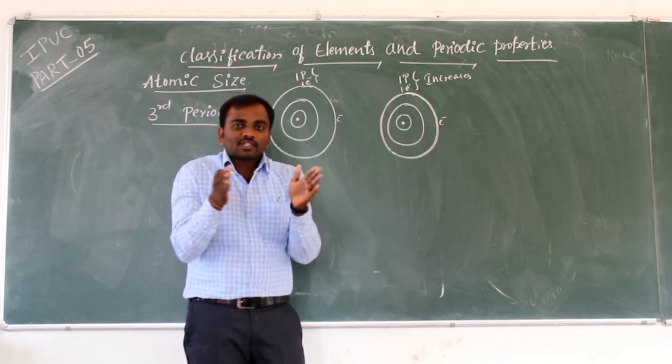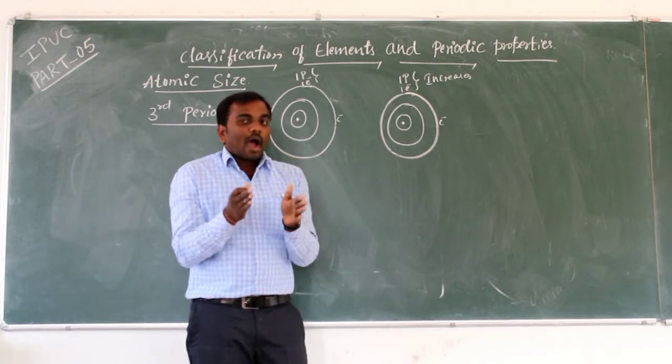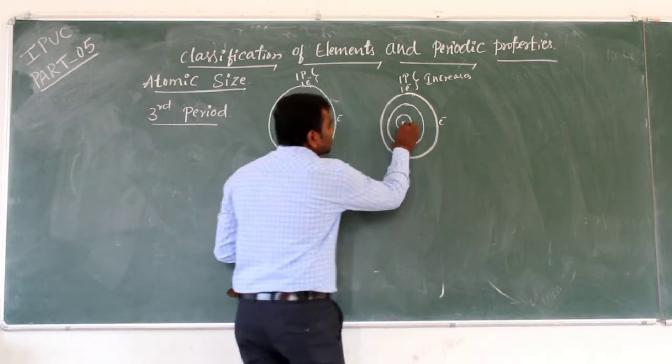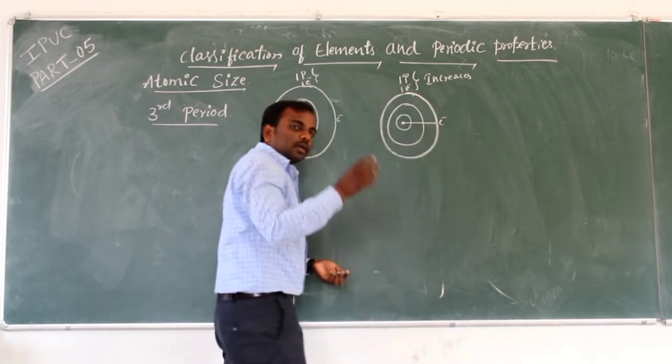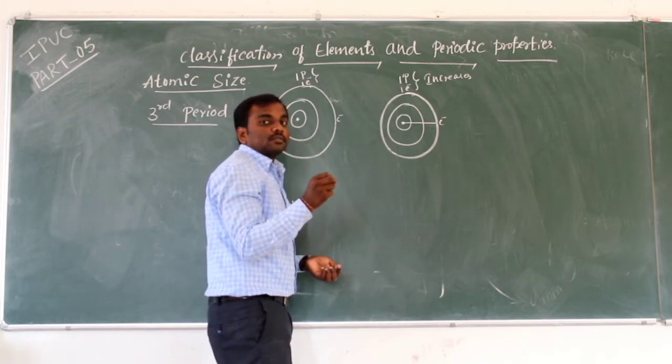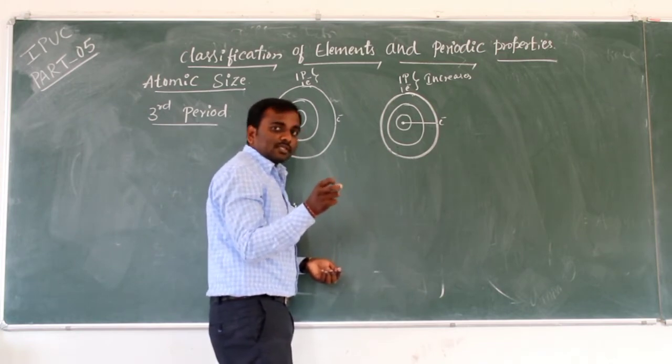The force of attraction is high. That's why the atomic radius decreases. Atomic radius decreases. Is it clear? Or atomic size decreases.